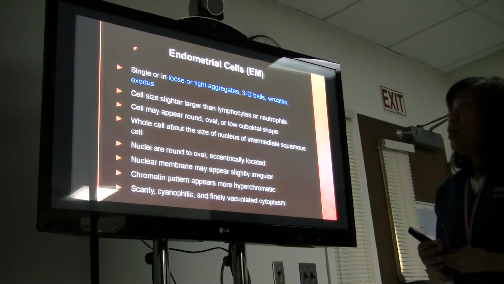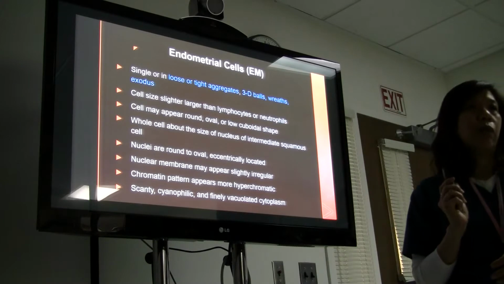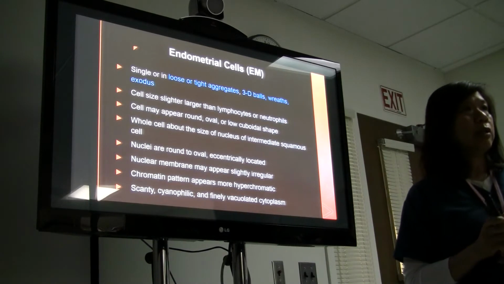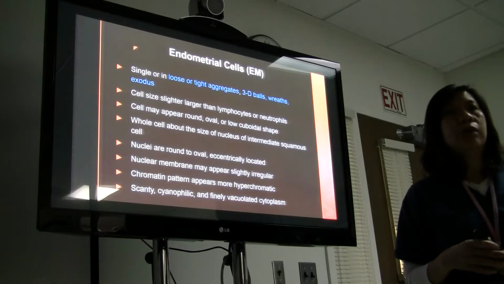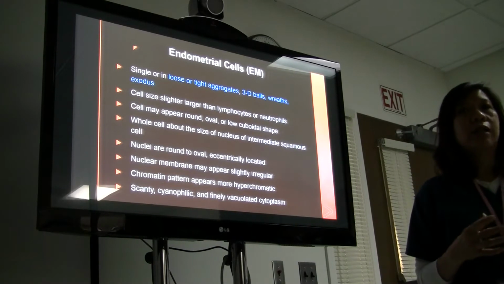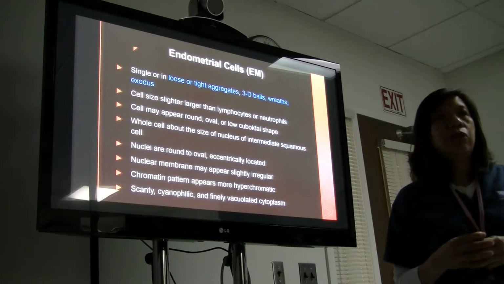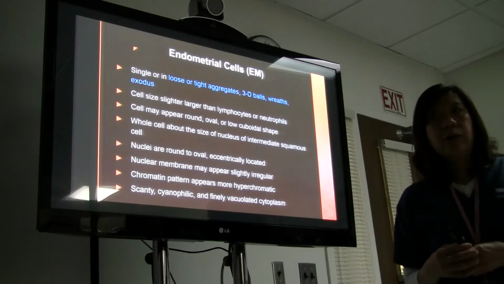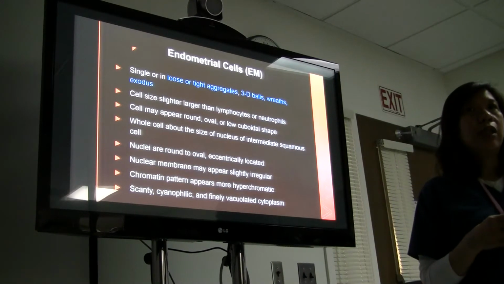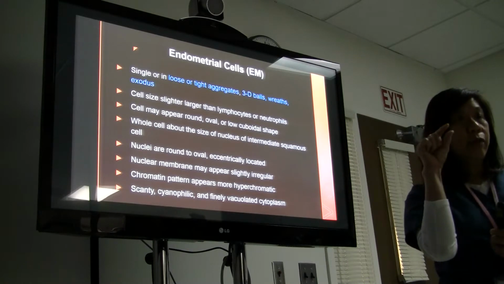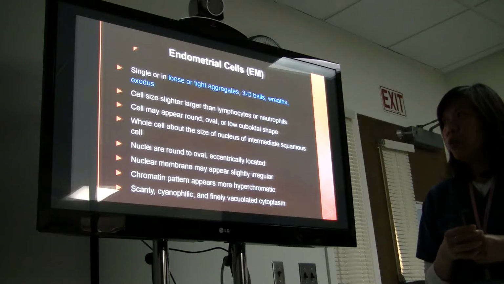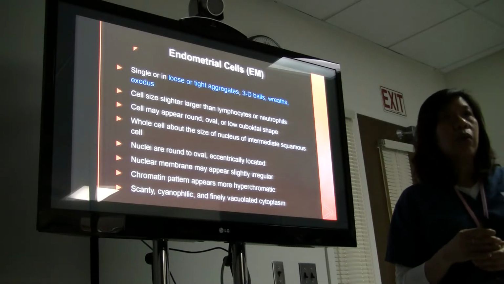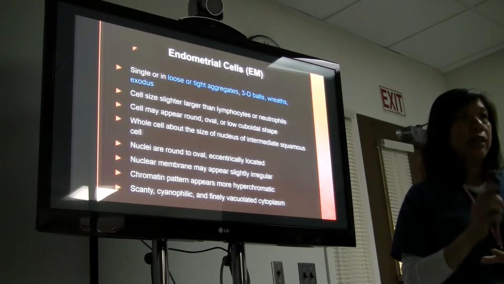There's one exception though, where we would expect to see endometrial cells in a normal Pap smear, which is what we call the lower uterine segment. Sometimes they sample the patient too aggressively, or maybe the patient anatomically has a very short endocervical canal, or maybe the patient already had a procedure done, so they would sample some of the cells from the lower uterine area. That's what we see.